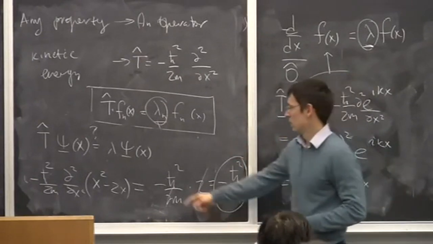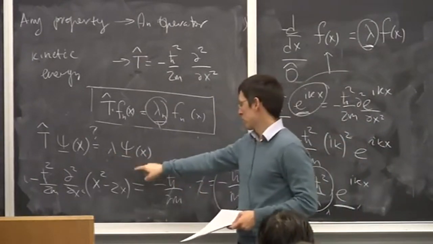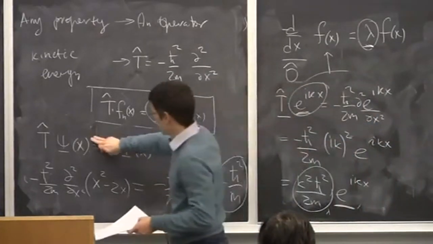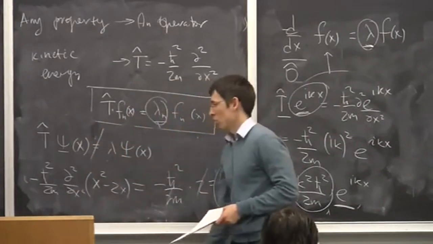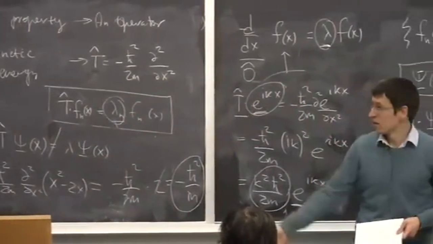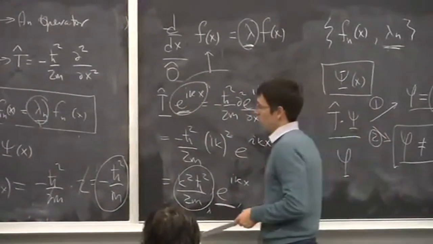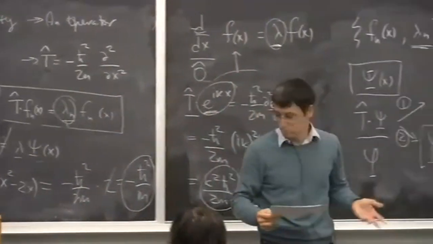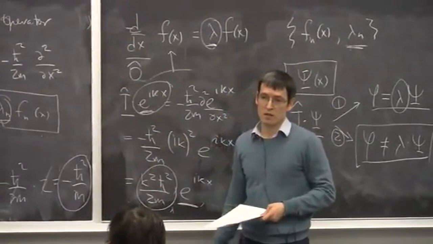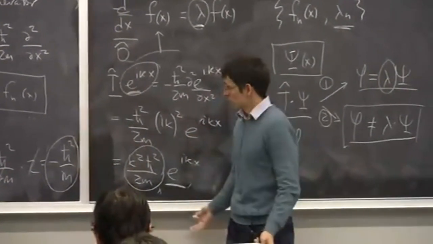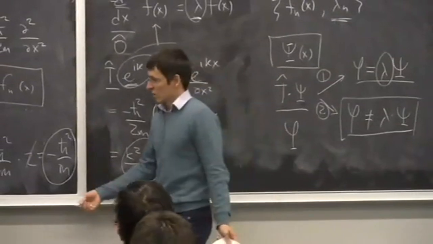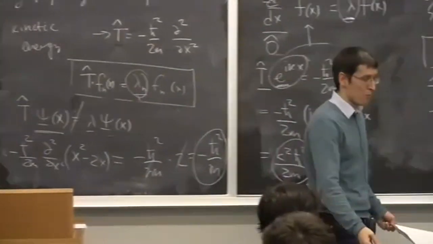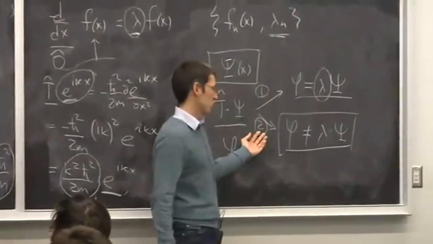So we got not a constant multiplied by a function, we got just a constant. That means the answer to this question is no. If we act with kinetic energy on the function I gave you, we're not going to get a constant multiplied by a function. We get just a constant. So the function we were given is not an eigenfunction of the operator, and we are in this second situation.